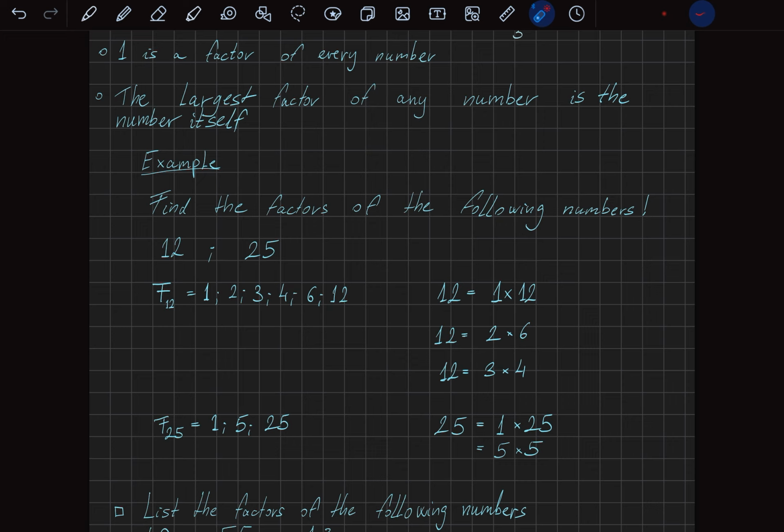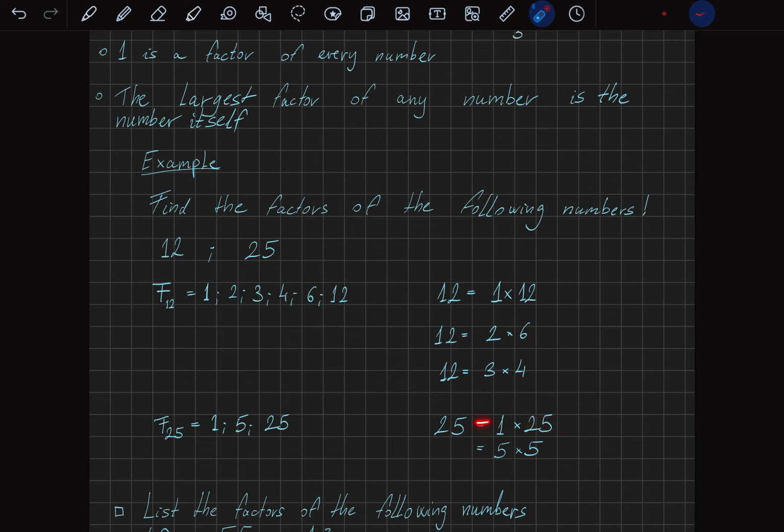How long do you need to write this or try the numbers? The square root of a number is the limit. So 25 equals 1 times 25 and 5 times 5.